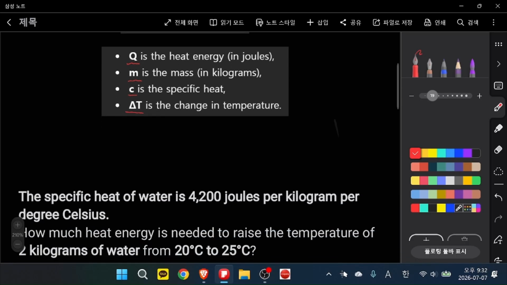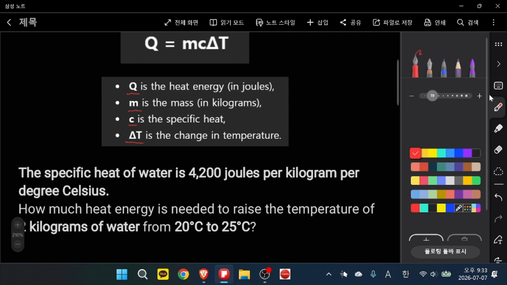Let's try an example. The specific heat of water is 4,200 joules per kilogram per degree Celsius.